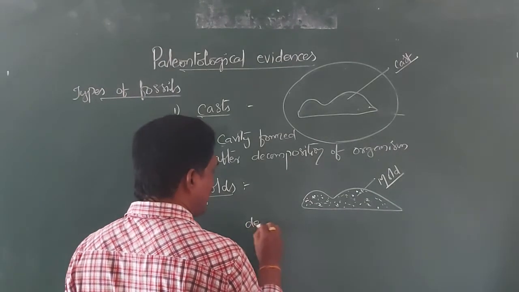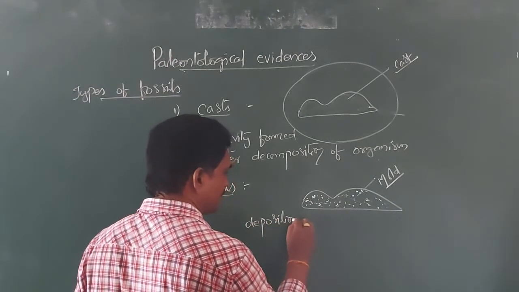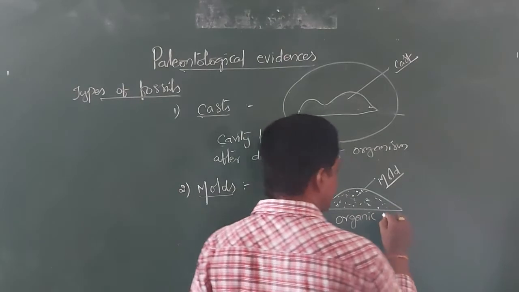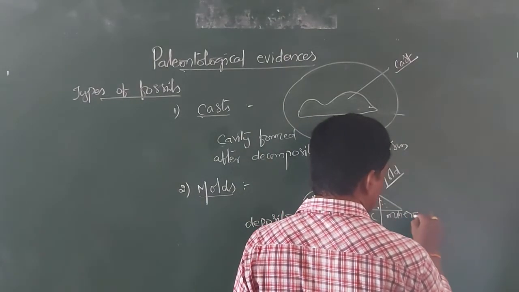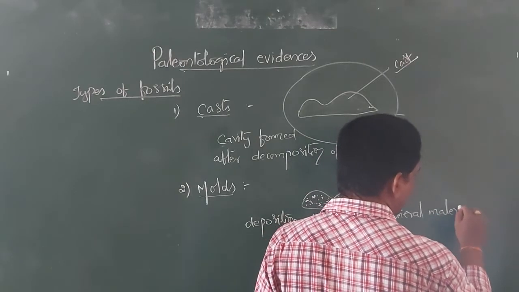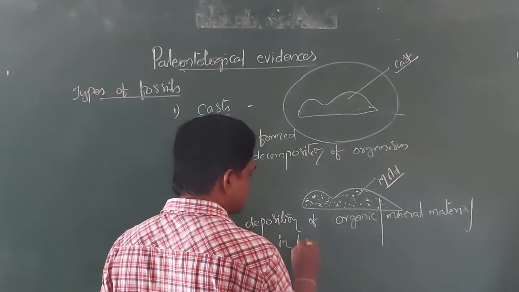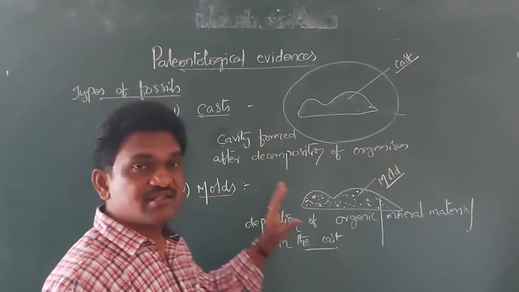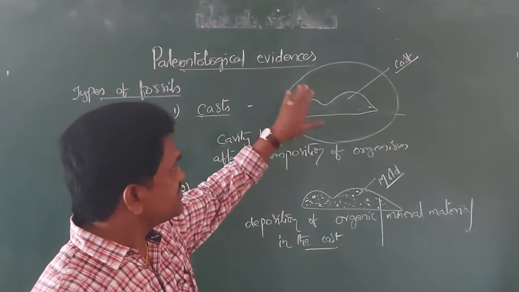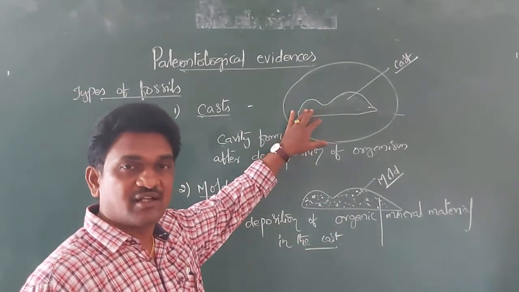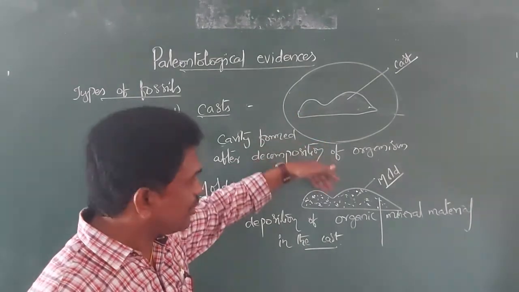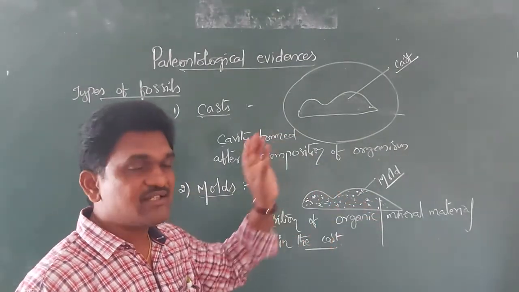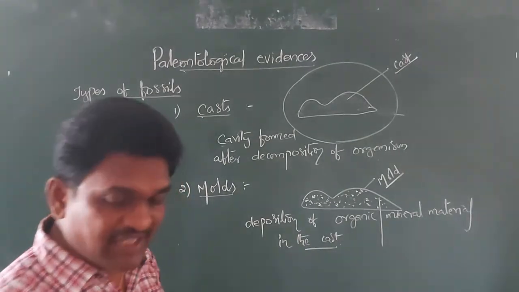The deposition of organic material or mineral material in the cast. The fundamental difference between cast and mold is that a cast is a cavity formed after decomposition of the organism in the sediment, while a mold is organic deposition in the cast. Okay? These are two types of fossils.